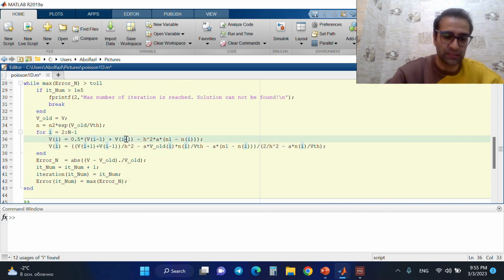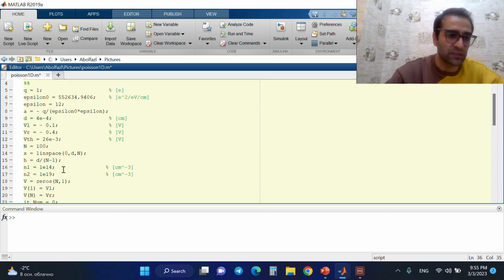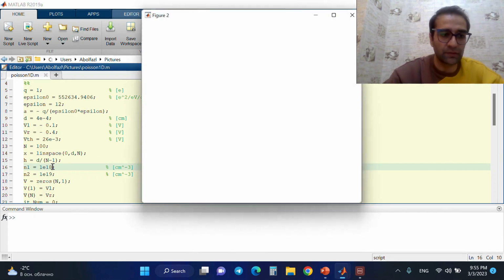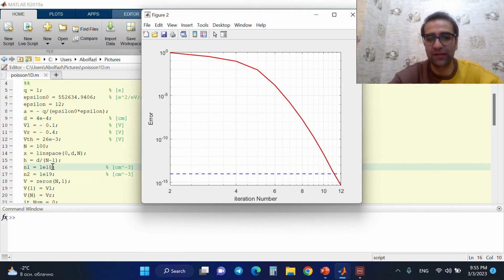So let's use the linear form of the Poisson equation and check whether it works for a higher N1, when it is 1e18. Press F5. Amazing. You see, the maximum number of iterations is about 12, and with just 12 iterations it reaches a relative tolerance of 1e minus 14.